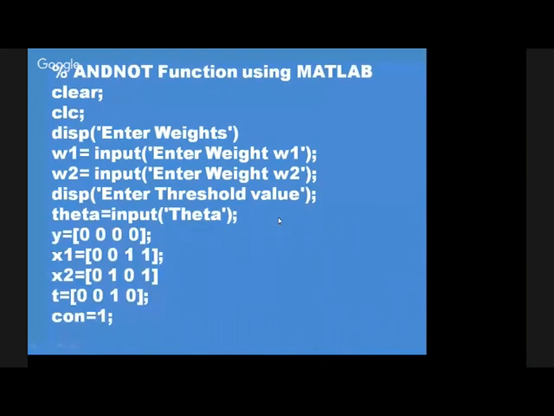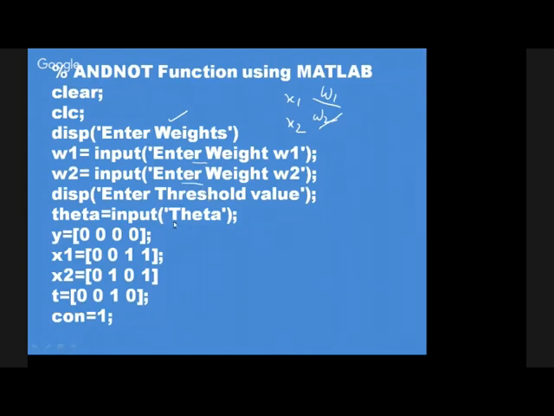So first of all, we are giving the prompt to enter the weights. There are two weights because there are two inputs, that is x1 and x2, and only two weights will be associated with them. First, enter the weight W1 and enter the weight W2.